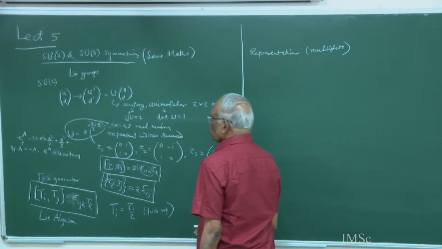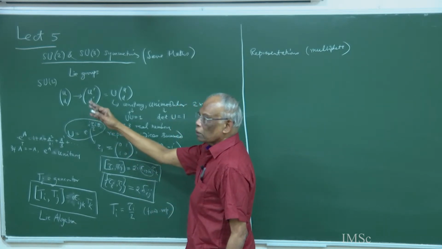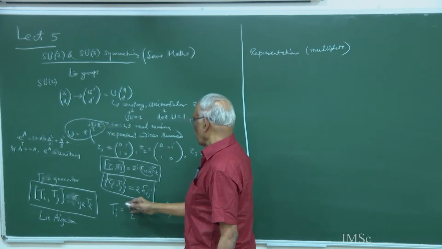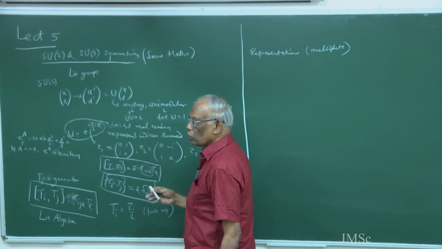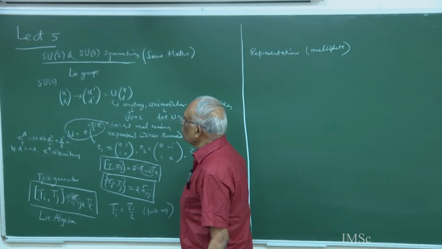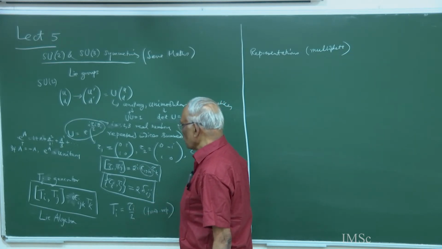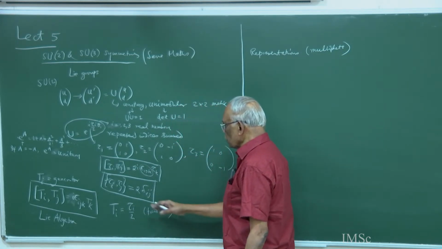The 2 by 2 representation works in the space of the doublet, and 3 by 3 will be a triplet, I equal to 1, and 4-dimensional will be I equal to 3 by 2, and so on. All integers, you can represent them by any integer.